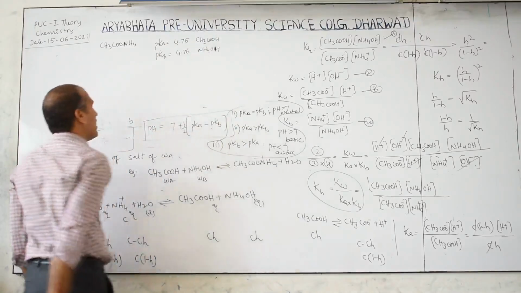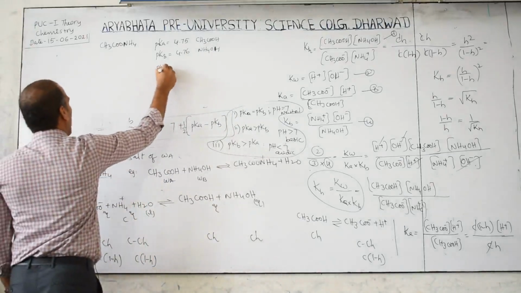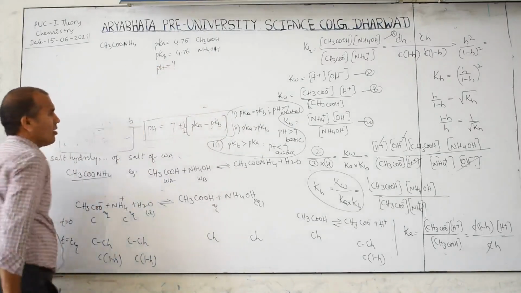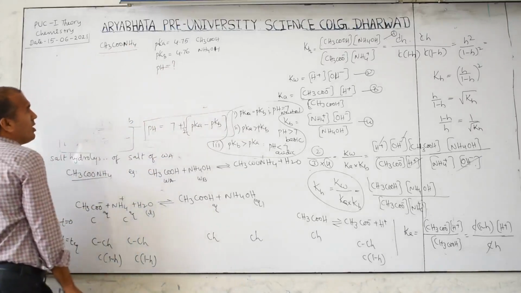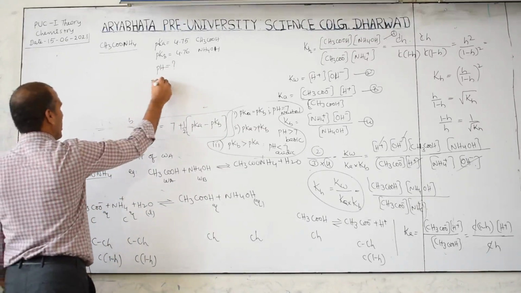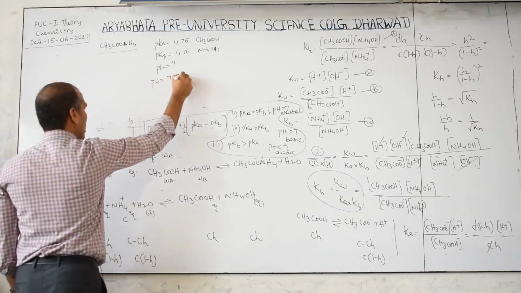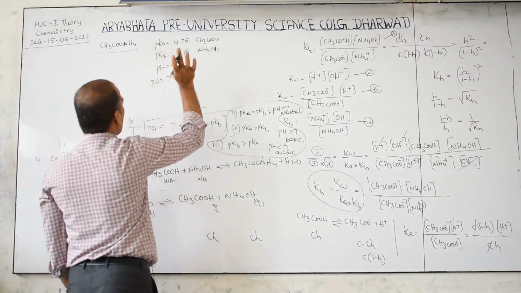So both pK values are given, then what you have to calculate? You have to calculate the pH. For a salt of weak acid and weak base, use this formula directly. Simple formula, pH is equal to 7 plus half, and the pK value given here.